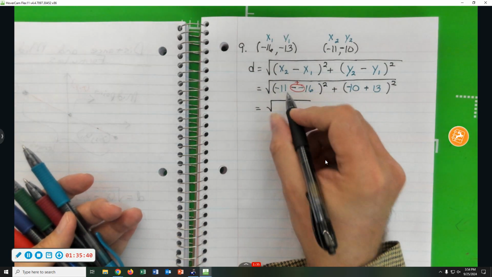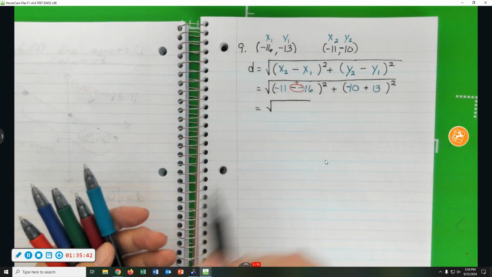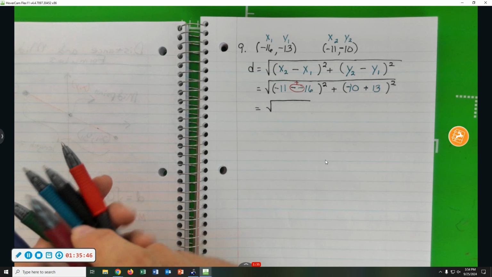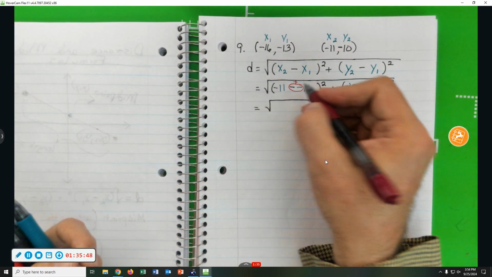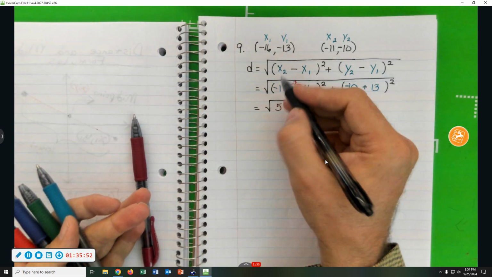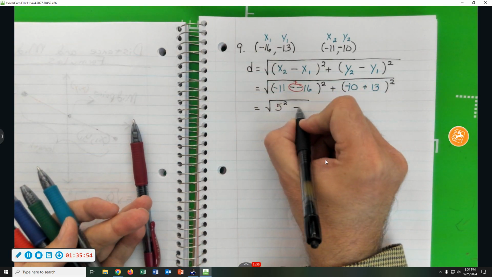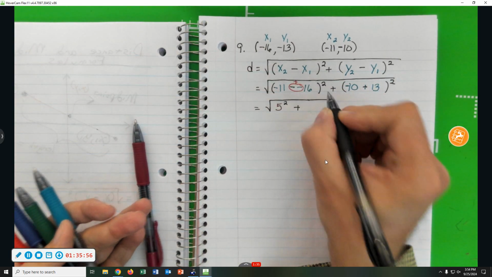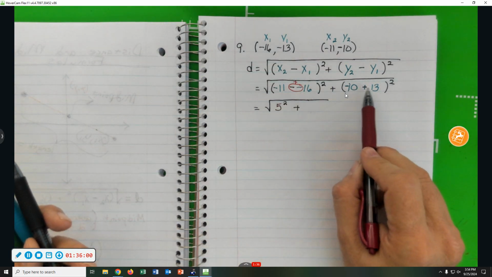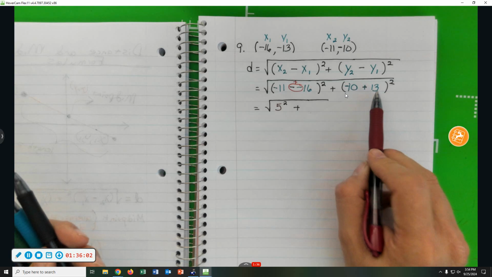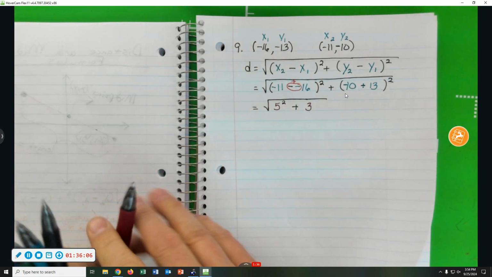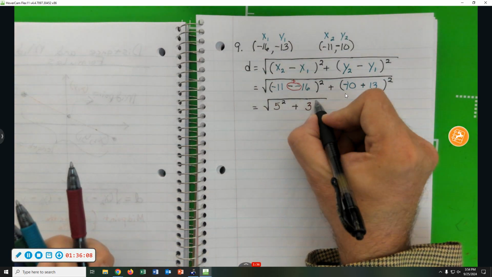Negative 11 plus 16. Is that going to be a positive 5? So we have a 5 squared plus, what about over here? Negative 10 plus 13 is 3 squared.